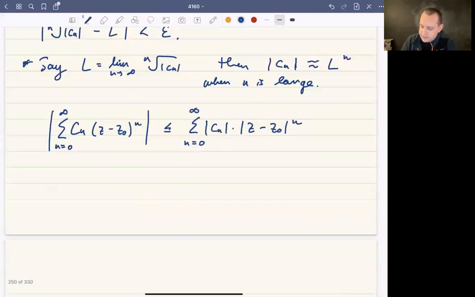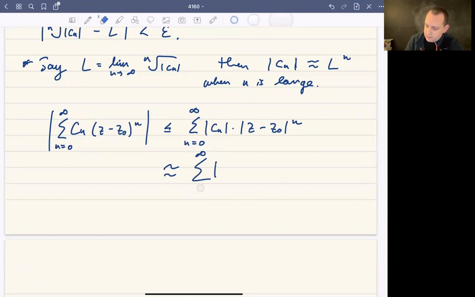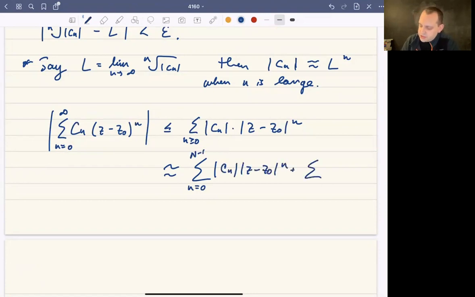So this is going to behave like the sum of, if I wanted to be very careful, which I don't, you could peel off the terms up until n minus 1. And again, this is some finite number plus the terms starting with capital N. And again, this is the only part that's going to affect convergence or not.